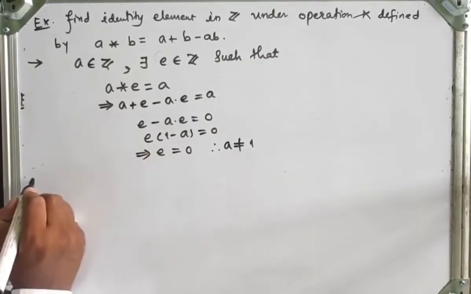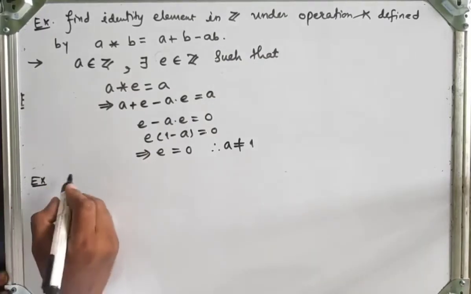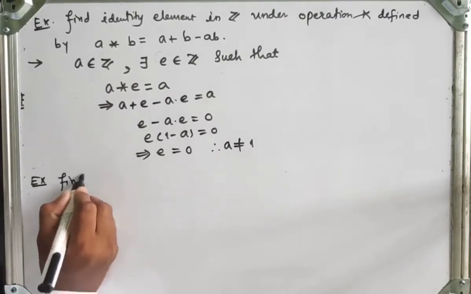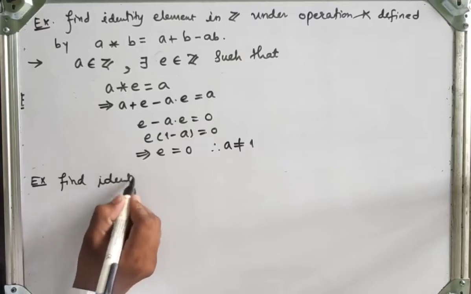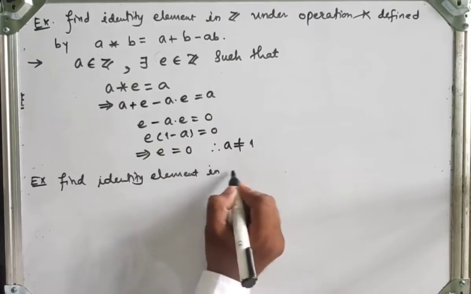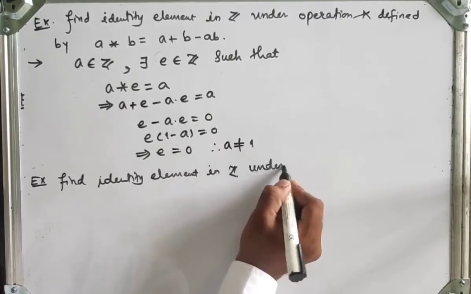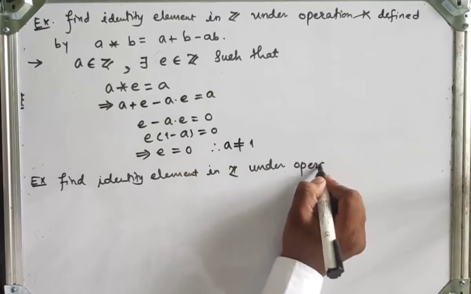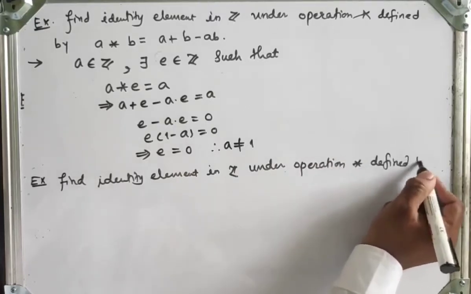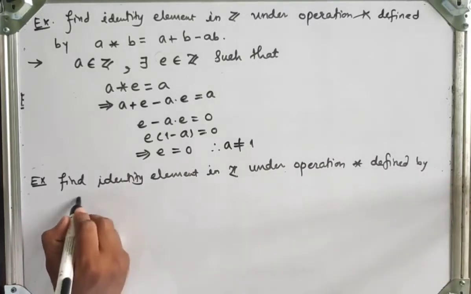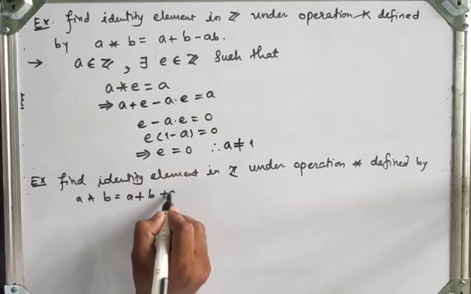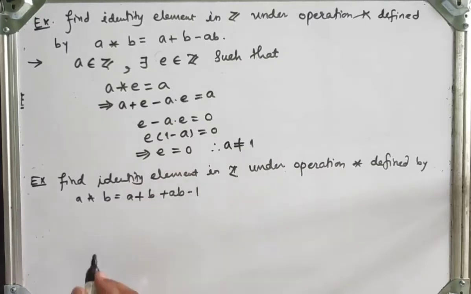Now next example, find the identity element in Z under operation star defined by A star B is equal to A plus B plus AB minus 1.